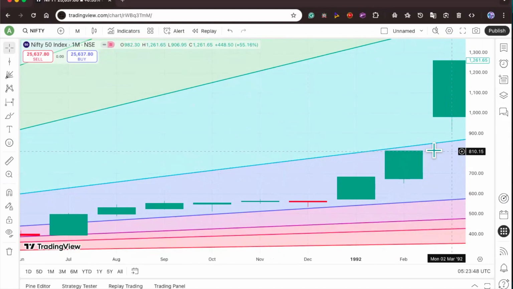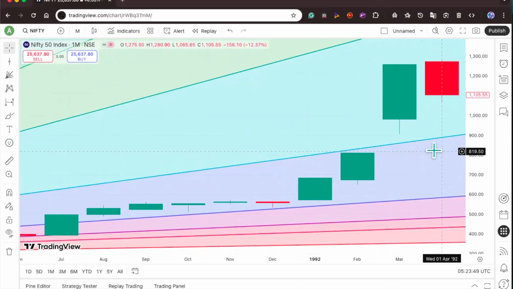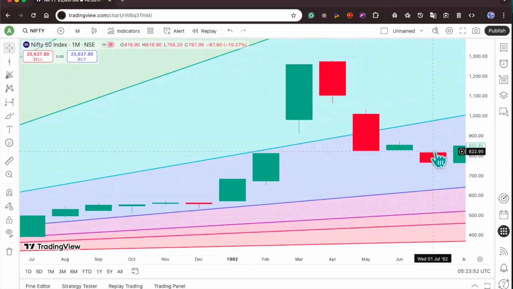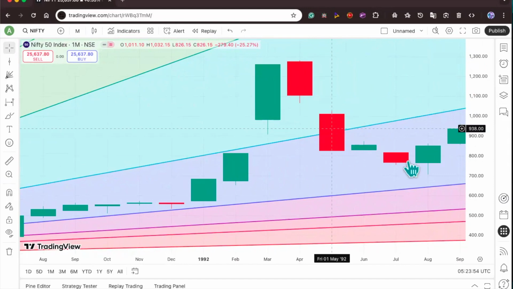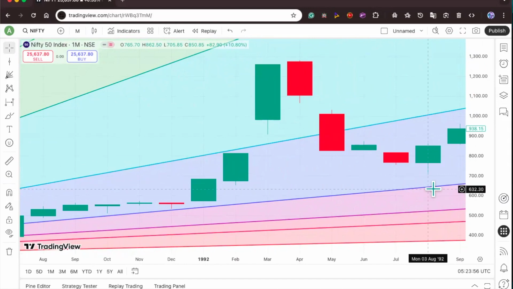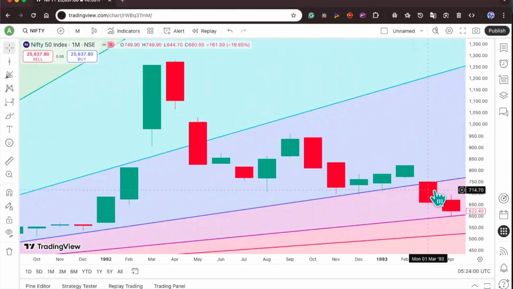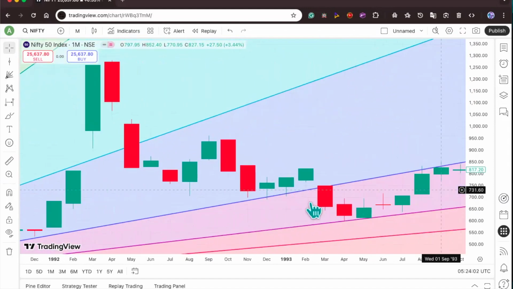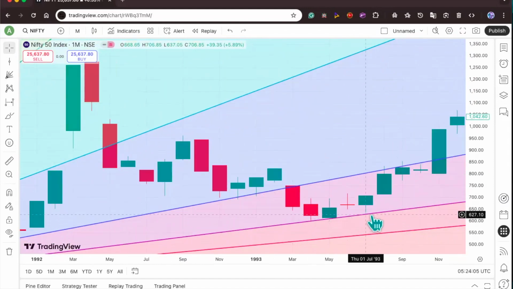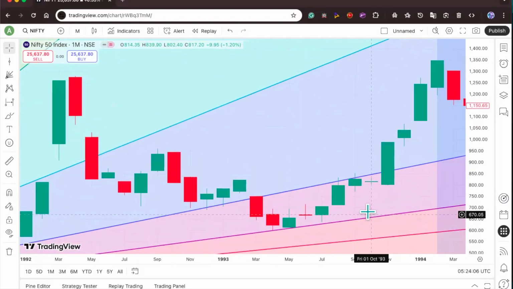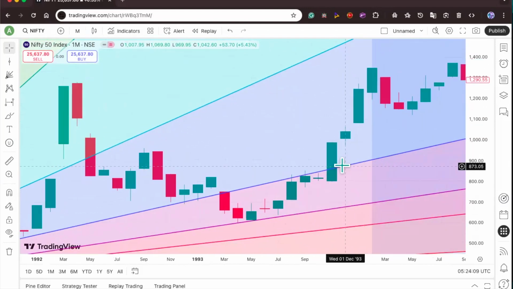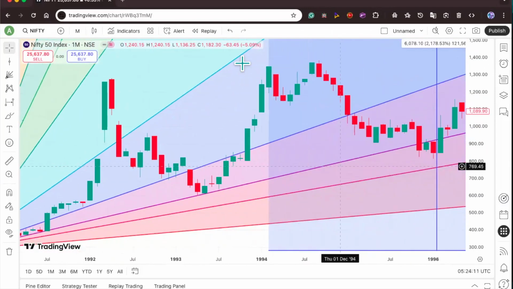This is somewhere around 1992. Again it probably tried to hold on, but was not able to. It went below that again, and on my line it took a support, went below that, and again took a support on this line, did break that line, went up again, and again was not able to sustain.